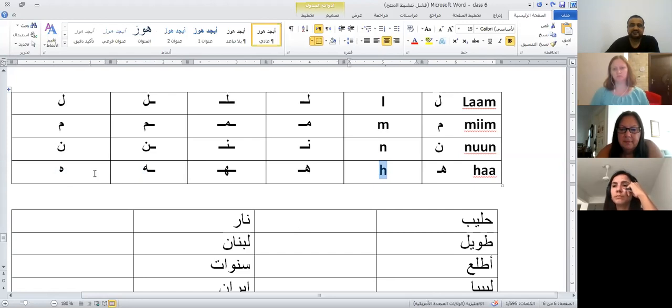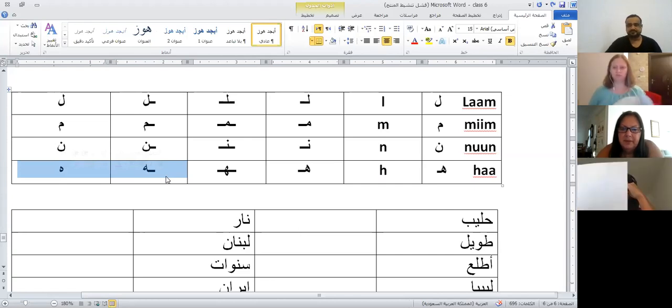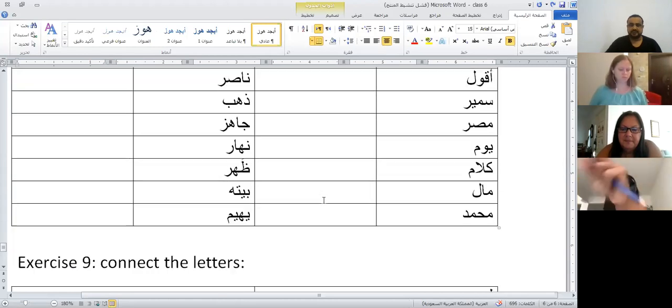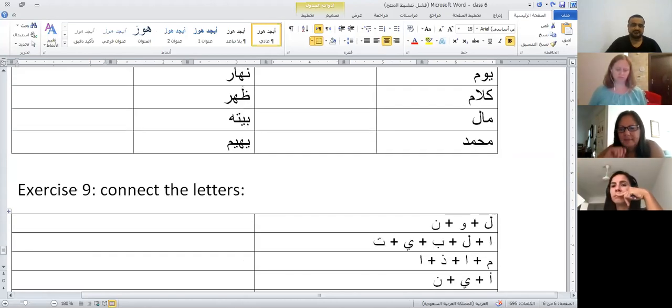It has ta and ha in one letter, because sometimes it's mushkila, sometimes it's mushkilat, like mushkilati or mushkilatu. So we'll learn this letter next week, on Monday, inshallah. Again, this is your homework, exercise 9.